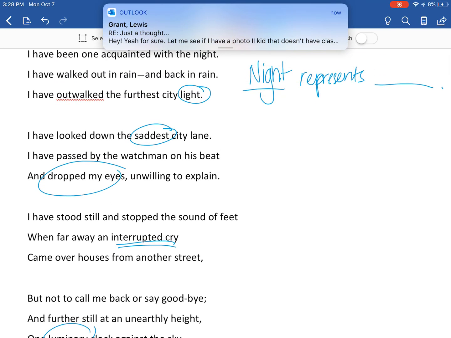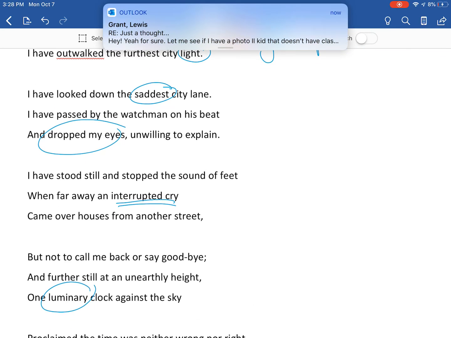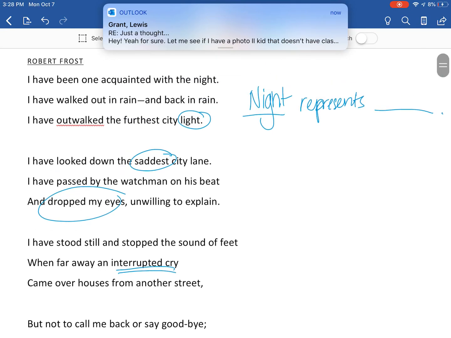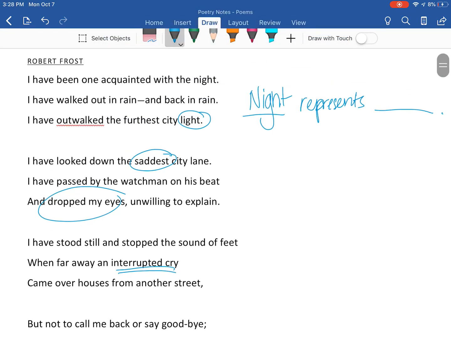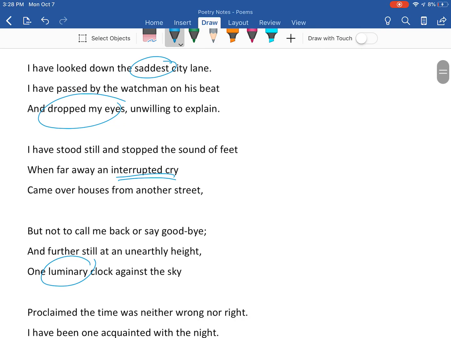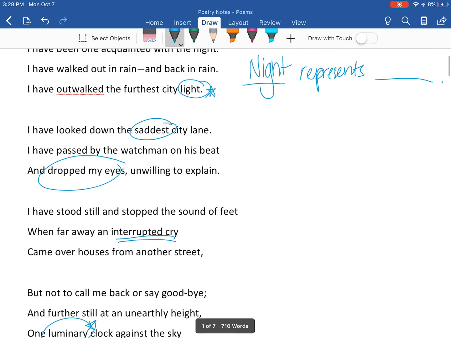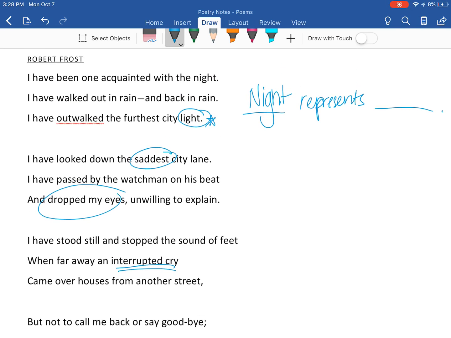So one thing I notice from point A to B is we're talking about light here, but it's actually a poem about night, which is typically something you associate with darkness, right? So there's this progression from dark, talking about the dark city streets, all the way to light.